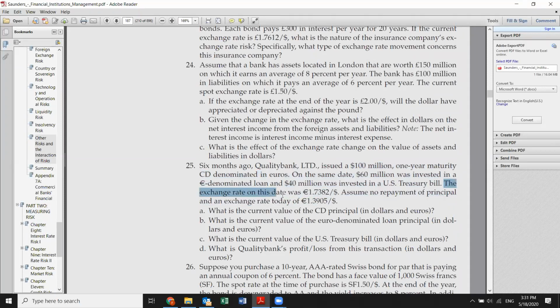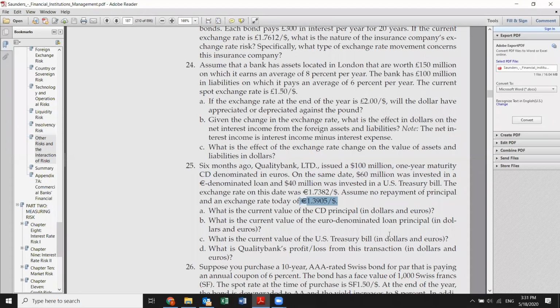The exchange rate on that date was 1.73 for a dollar, and assume no repayment of principal. The exchange rate today is equal to this value. So it was this, and now it becomes this. So what is the current value of the CD principal in dollar terms?